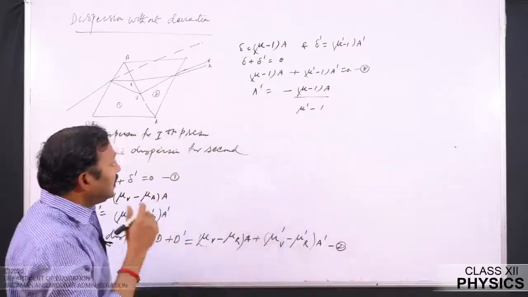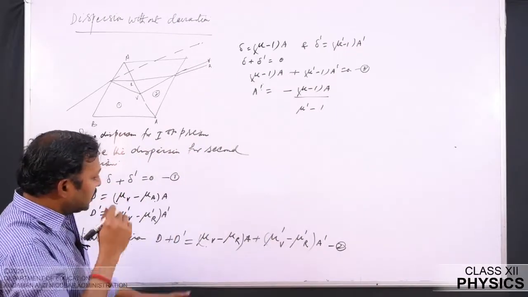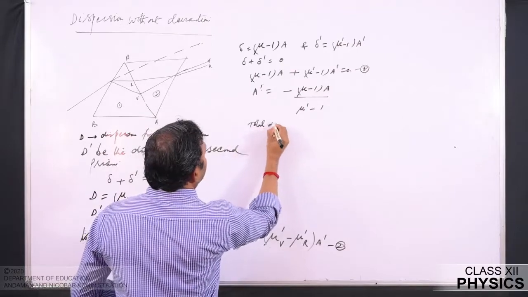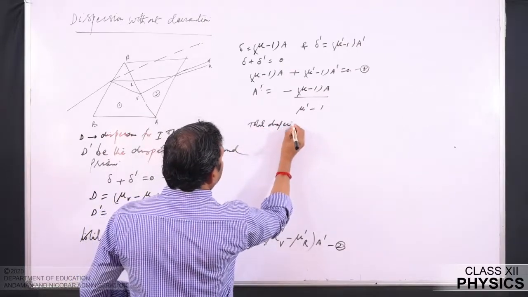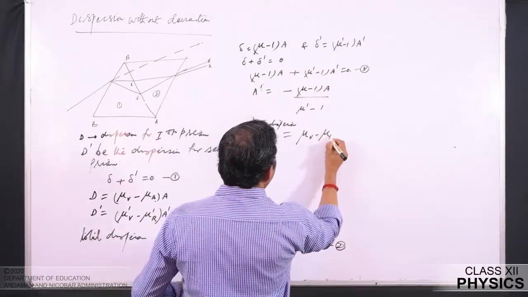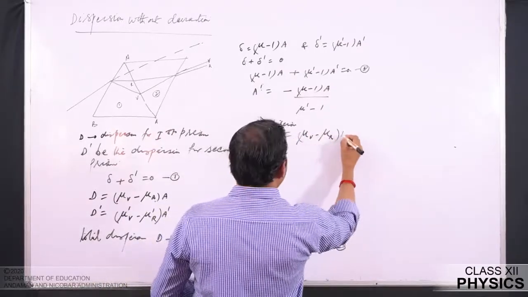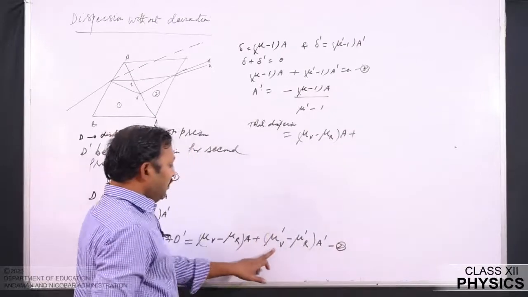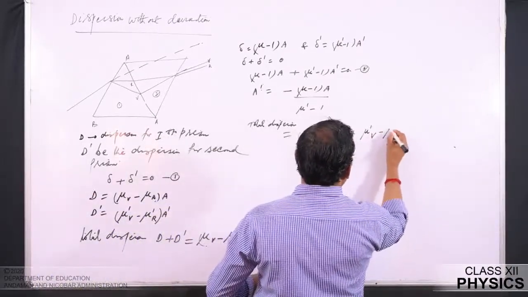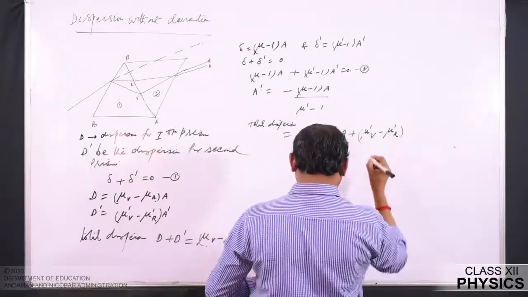Now substitute the value of A dash in expression 2, we get the total dispersion equal to (mu V minus mu R) multiplied by A plus (mu dash V minus mu dash R) multiplied by A dash.